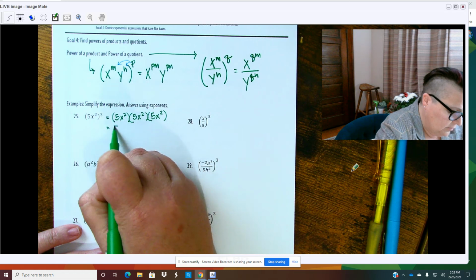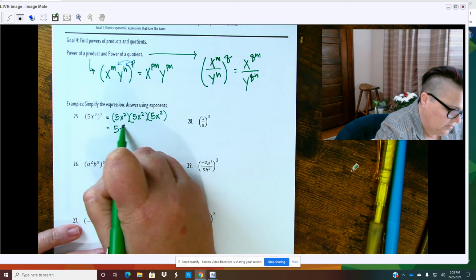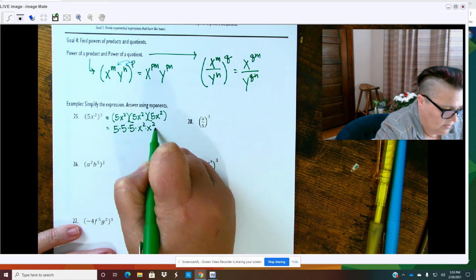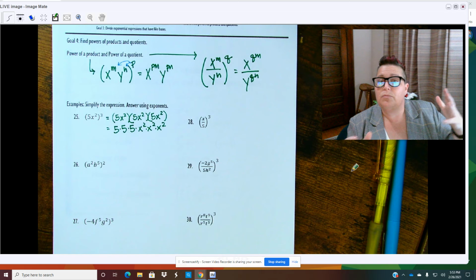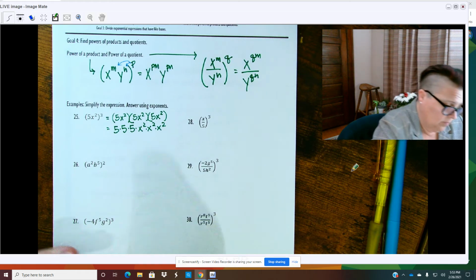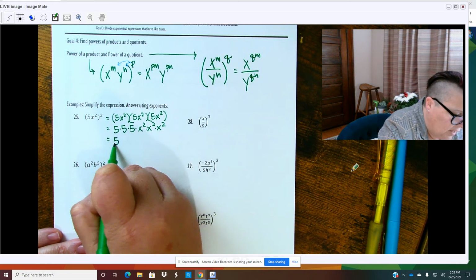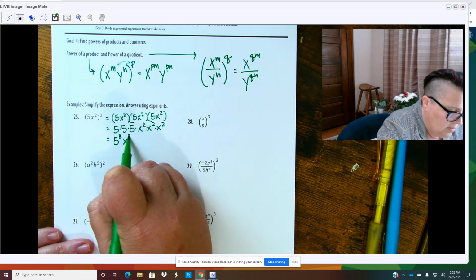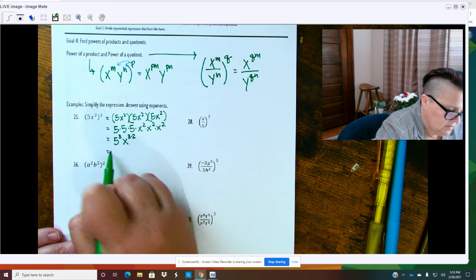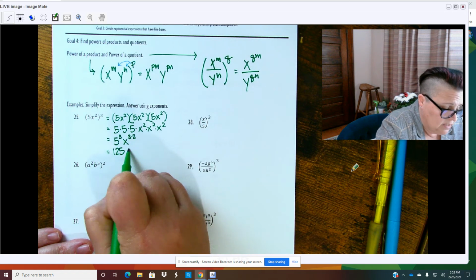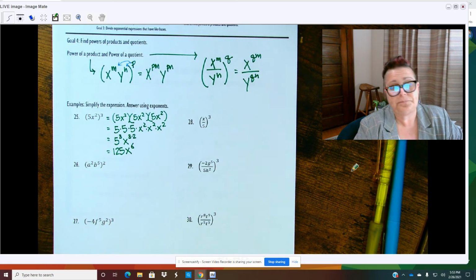Notice this gives me 5 times 5 times 5 times x squared times x squared times x squared. And I can move those around because it's all multiplication, and multiplication is commutative, meaning it is movable. This is the same as 5 to the third, x, and then I have 3 2's, or 6. 5 to the third is 125. X to the 3 times 2 is x to the 6th.